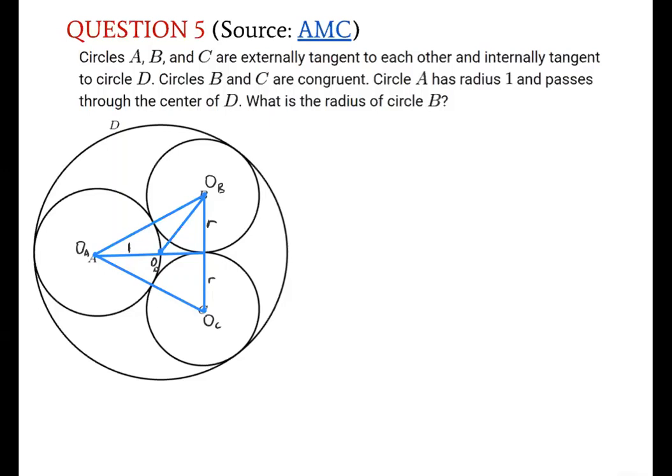That means that AB will be 1 plus R. And that also means that OD to OB will be 2 minus R. 2 comes from the radius of D, and R is just the radius of B. So we also have this tiny little thing over here.